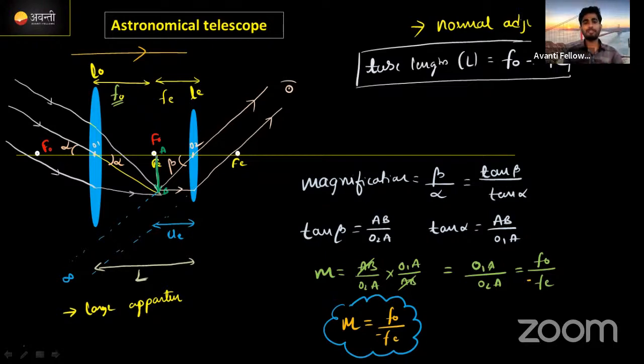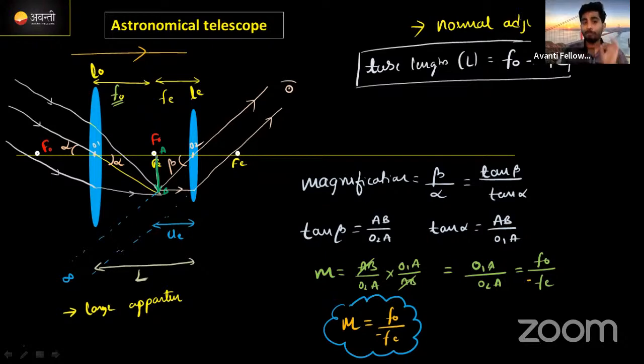The least distance of distinct vision is how much? 25 centimeter, right? We can clearly analyze the object at a distance of 25 centimeter. That is the least distance of distinct vision of the eye.